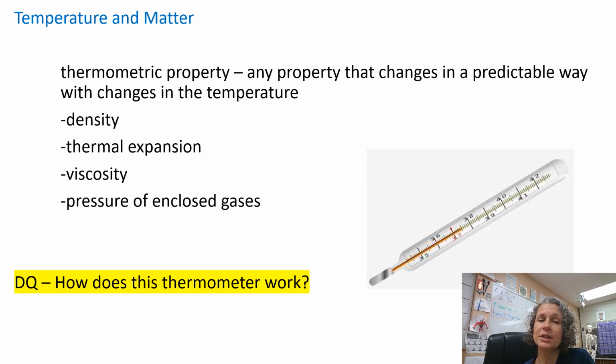Thermal expansion is another one. Not just gases, but most things will expand somewhat as they get warmer. And so it comes into play in different engineering structural forms. It's the reason that sidewalks have the little cracks in them.